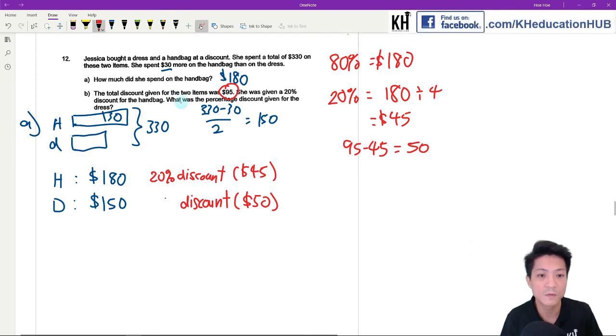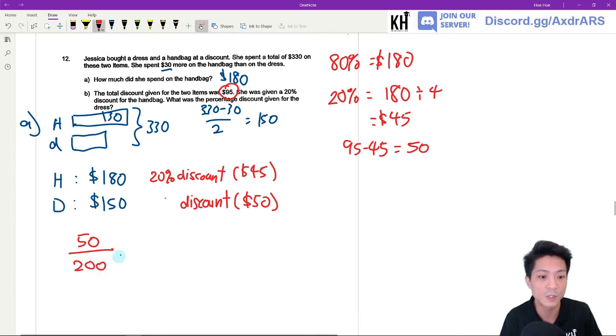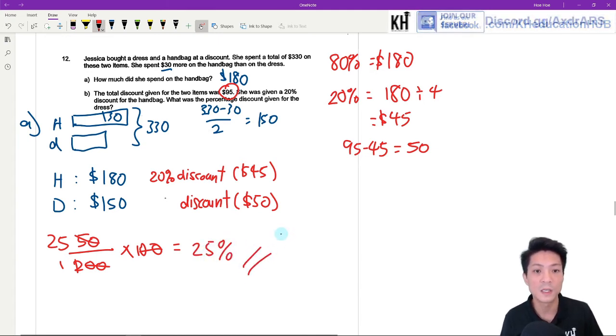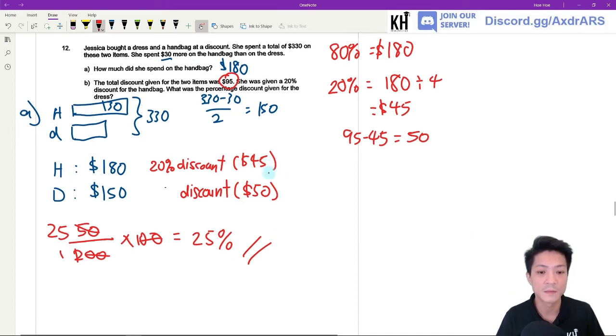Okay, they're asking us to find what was the percentage discount given for the dress. Okay, so we're gonna use the discount divided by the original price of the dress, which is $200, times 100. Okay, I'm gonna get a 25% discount. This is the answer for part B.